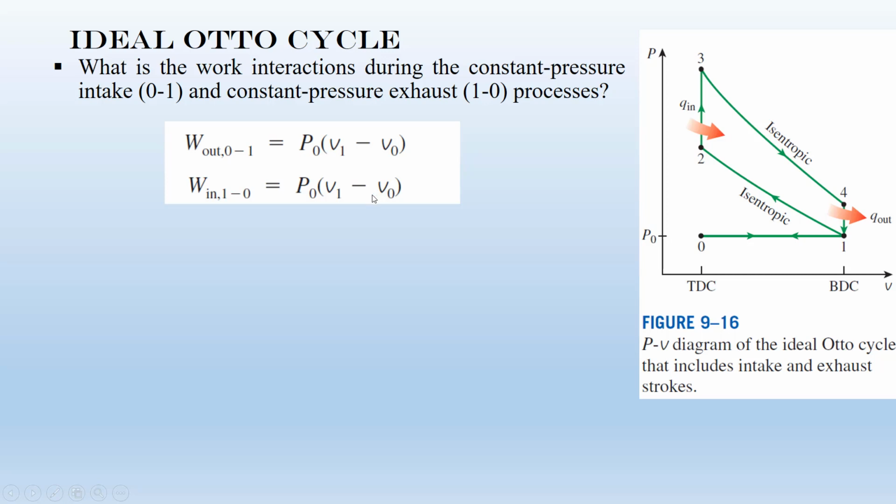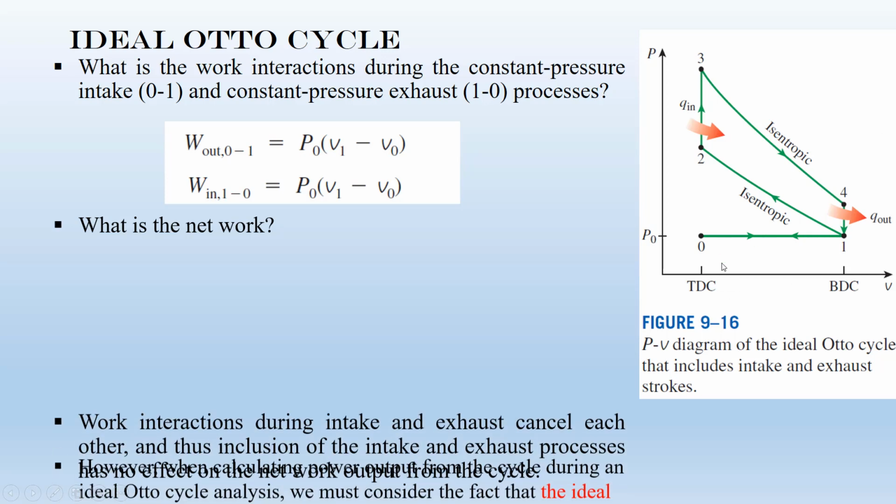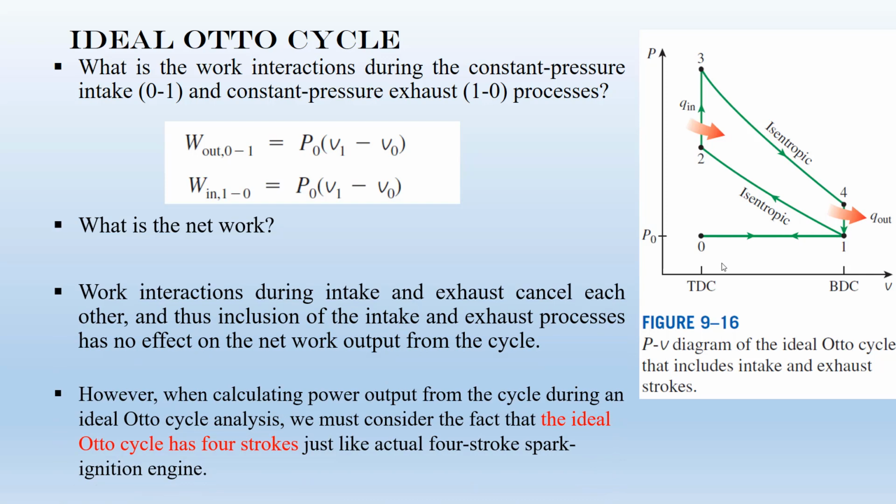The point is that, guys, this is the W out and this is the W in, and the W in is negative, correct? We assume that the W in is negative. So the net W for this step will be 0, correct? So the total work area is constant, even with the addition of these two new steps. So what's the conclusion?